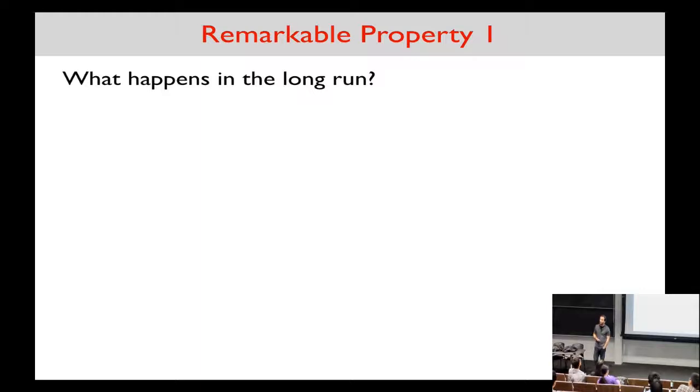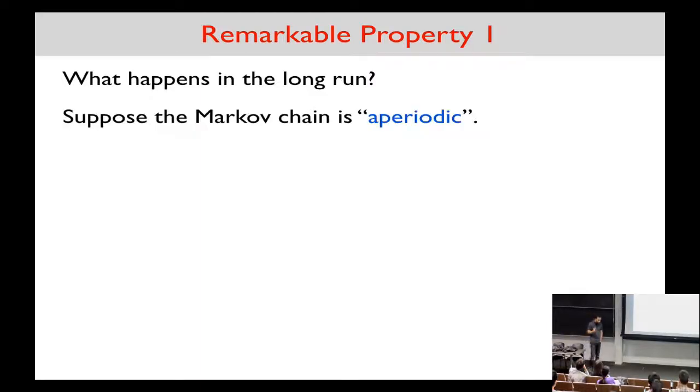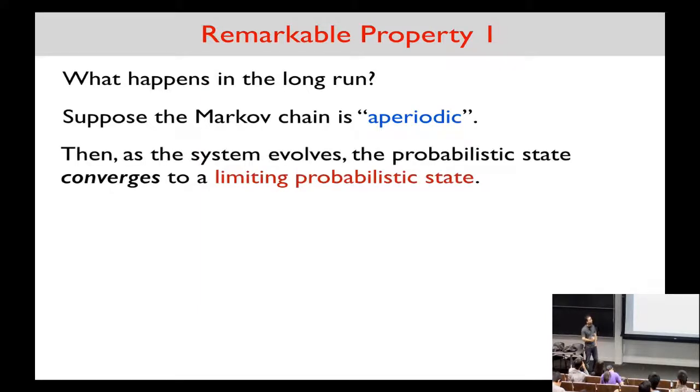And it turns out that you can say something very strong about the probability of the states. For this, we will need to make one small assumption. We have to assume that our Markov chain is what's called aperiodic. For now, just ignore this condition. I will come back to it and discuss it, but let's just ignore it for now.